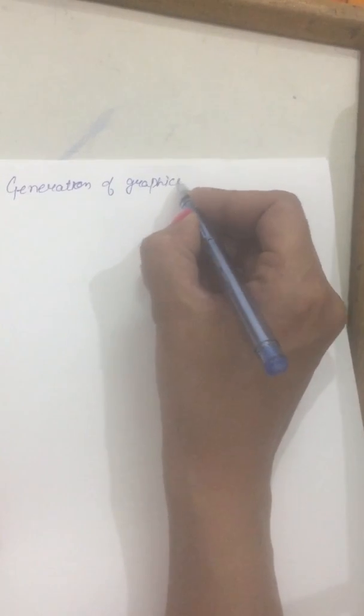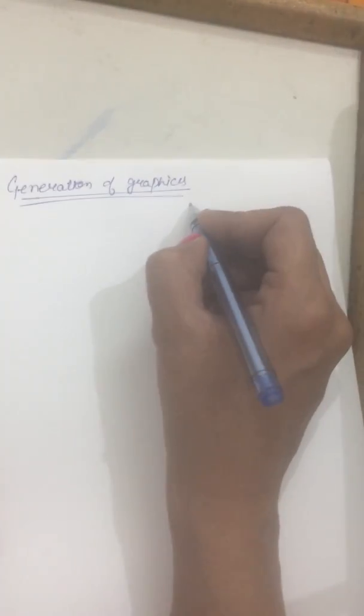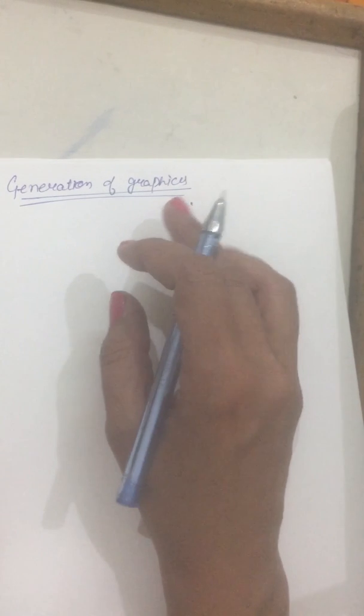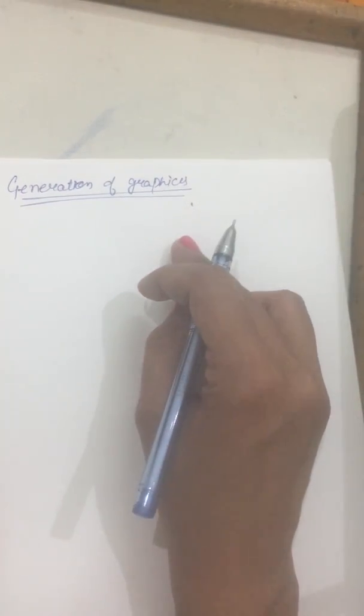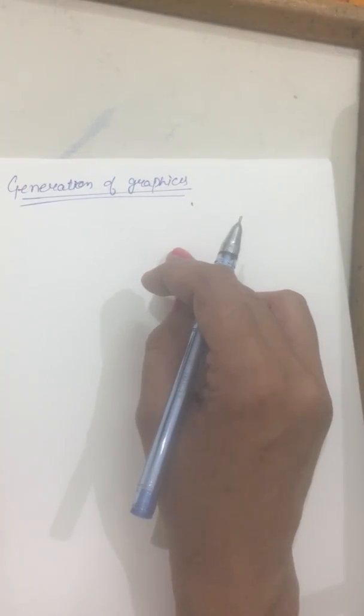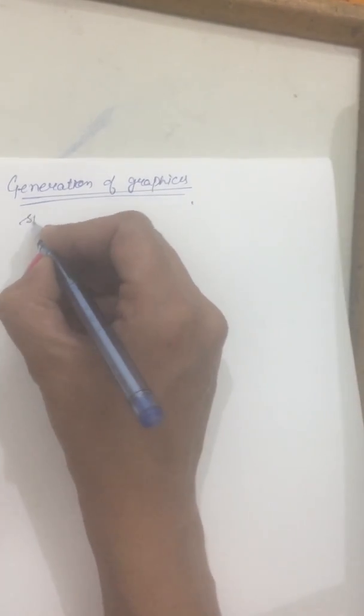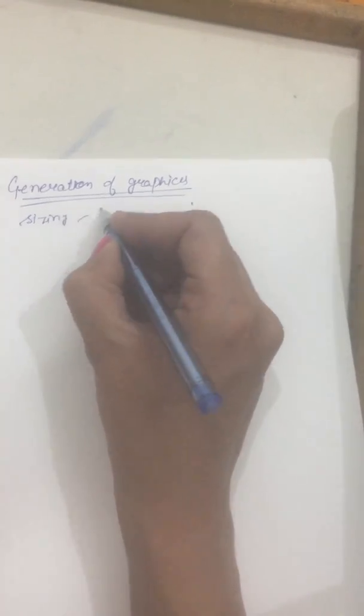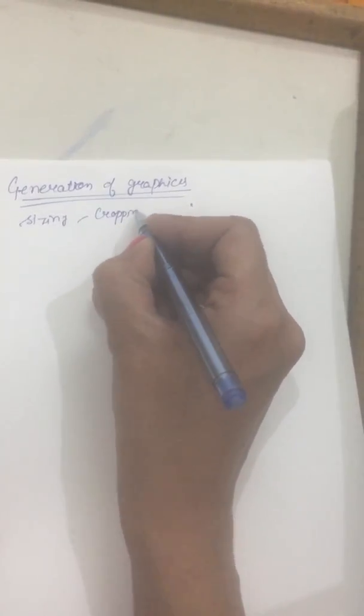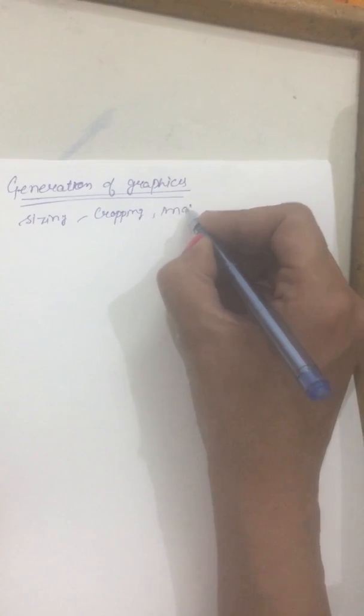Second is the generation of graphics. What do you mean by generation of graphics? It means artwork and design can be created with the command of operators in DTP. The system performs a variety of manipulating tasks such as sizing, cropping, and image rotation.